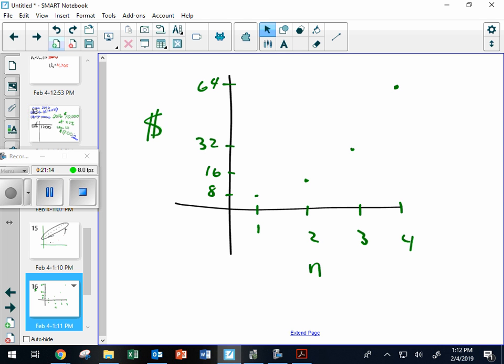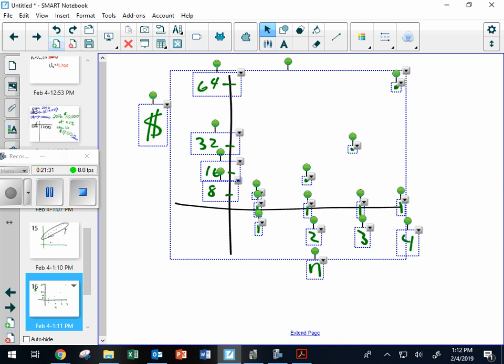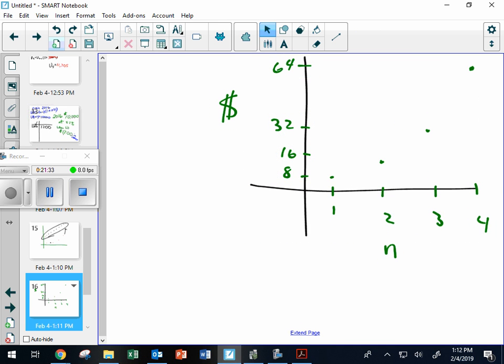Write an equation for that. Pausing. All right.